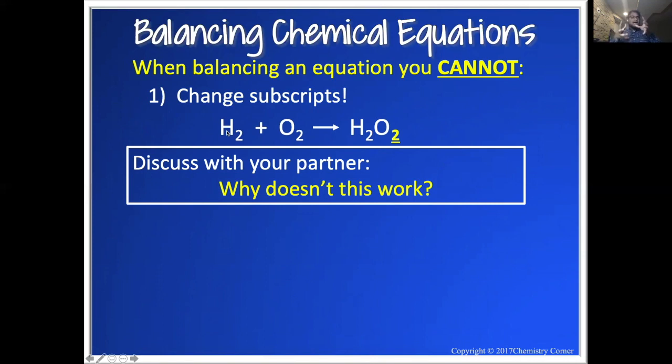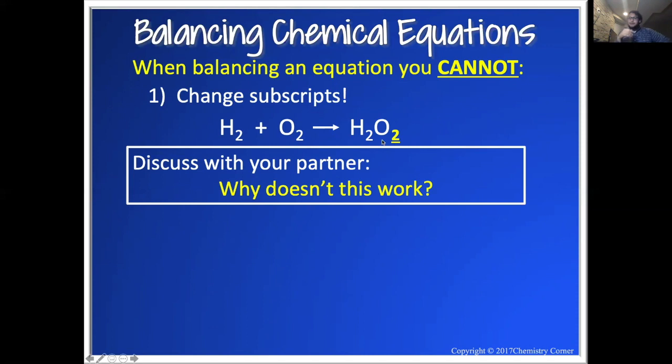You don't see hydrogens just running around solo. The same thing with oxygens. In nature, these exist as gas. These are called diatomic gases, and they want to be together, bonded. You can't just say, oh, it's easier for me to say this is O3, and then balance your equation from there. No. You have to work with the subscripts, the little numbers that you're given.